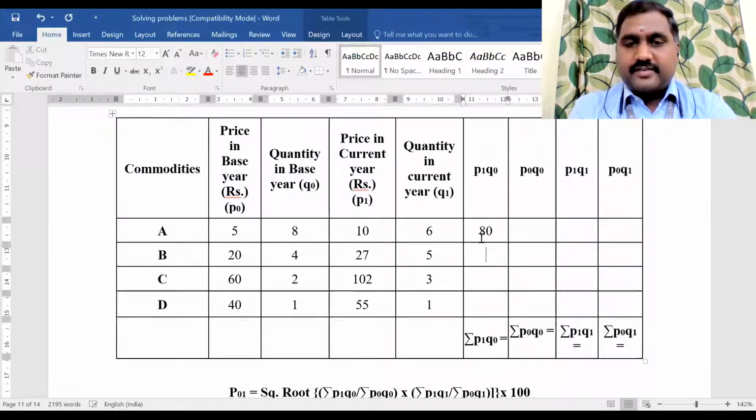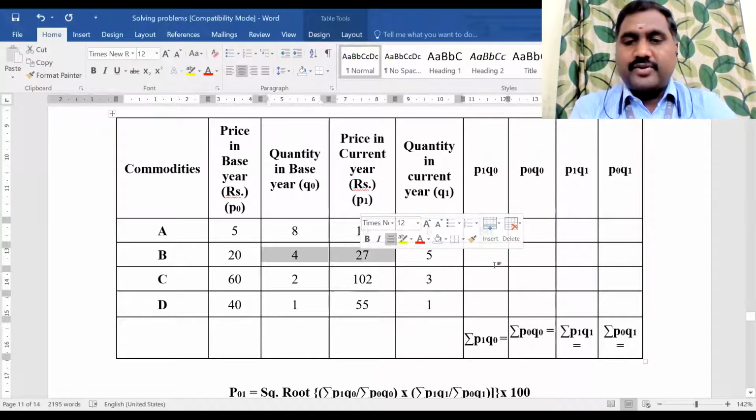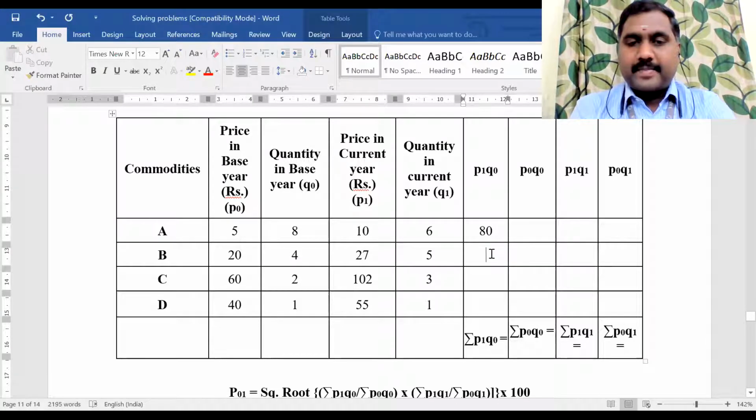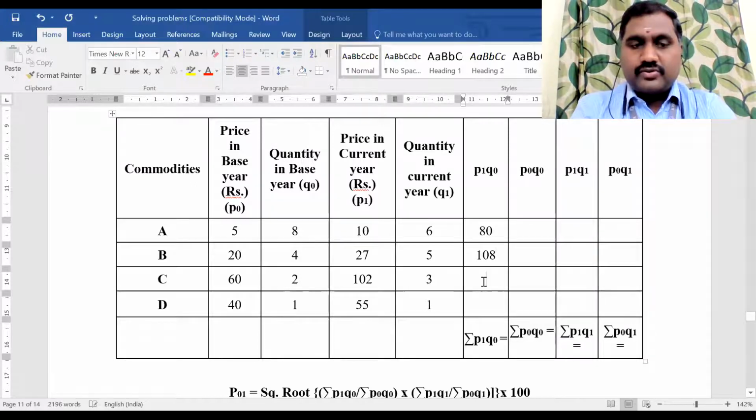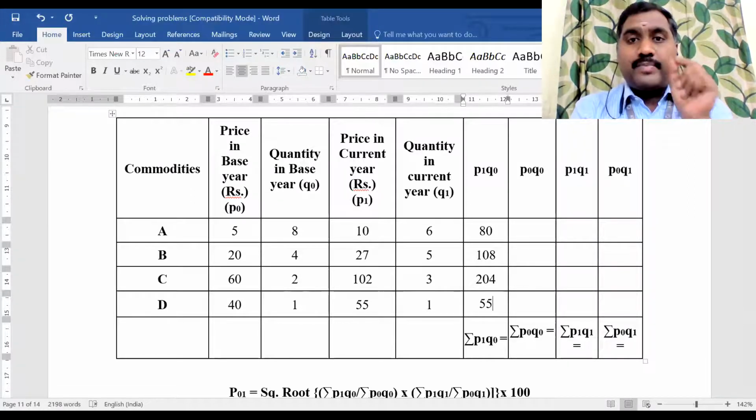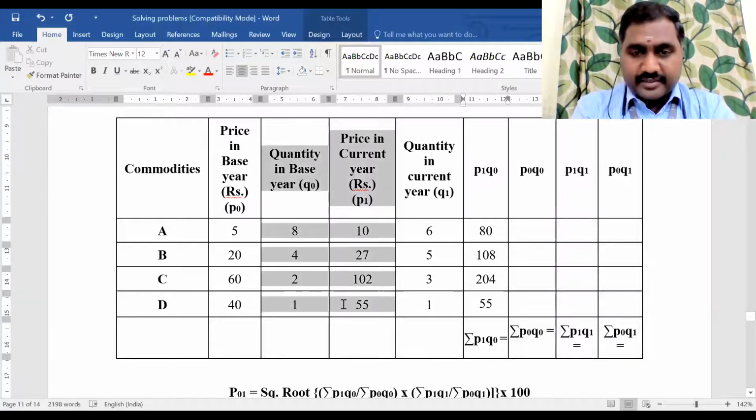Next, 4 into 27. You can multiply and tell me. 108. Then 102 into 2, 204, right? Good. And 1 into 55 will be 55. So we got the P1 Q0 value. That means we have multiplied this combination for P1 Q0.